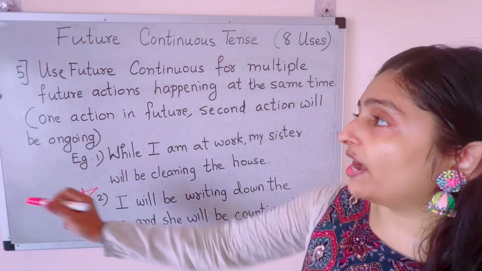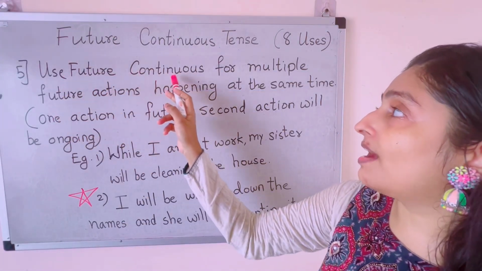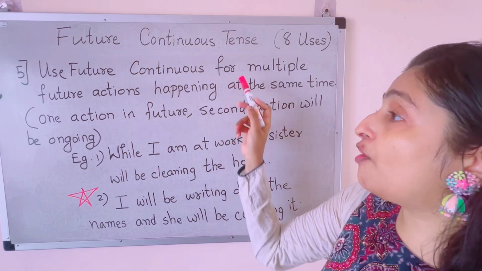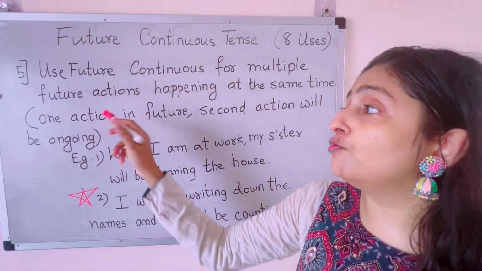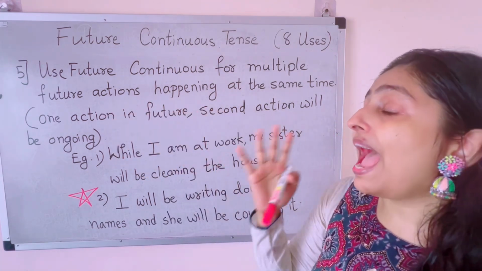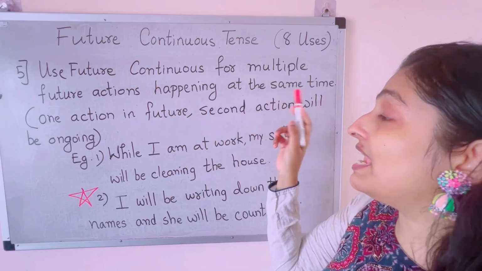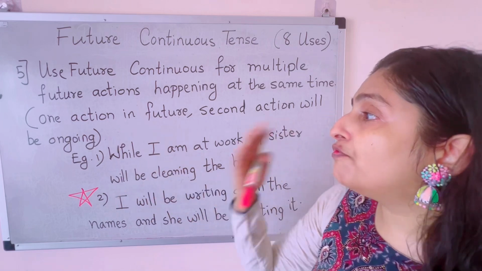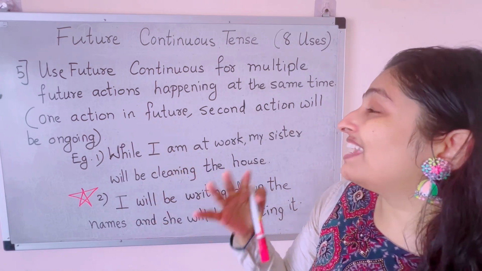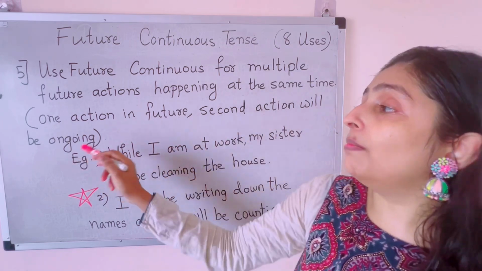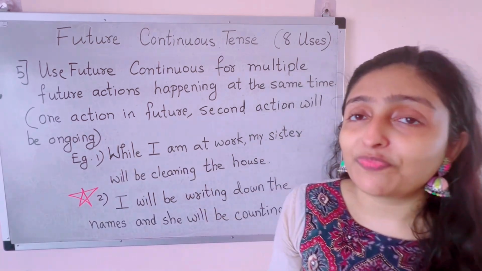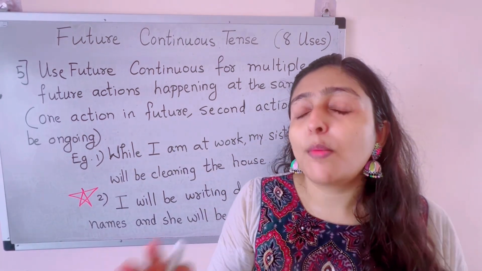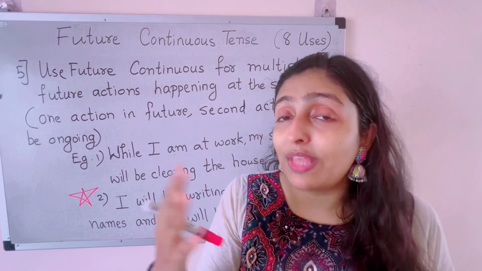Rule number 5. Use future continuous tense for multiple future actions happening at the same time. Means one action in future and second action will be ongoing. Multiple means more than one, more than two.